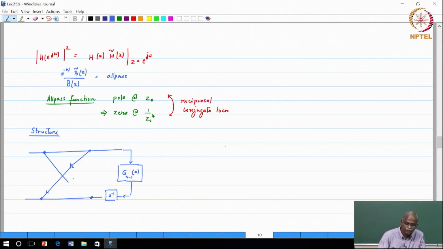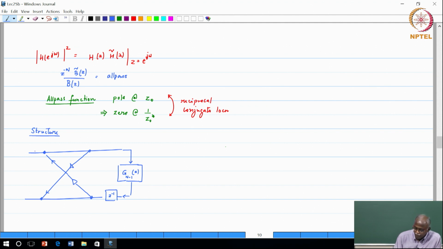Okay, so I need a minute to get my lines straight. So, 2 multipliers. Notice that this is a feedback type of structure.